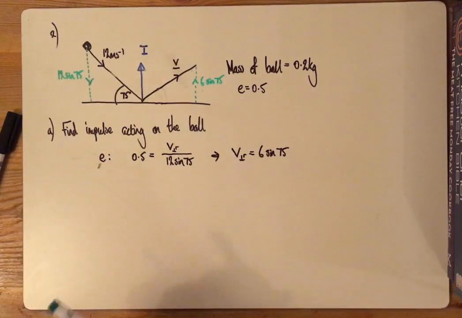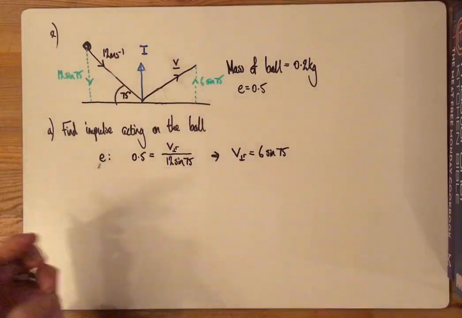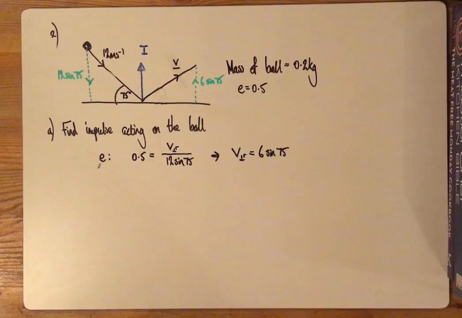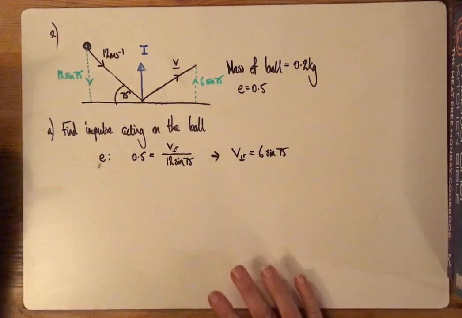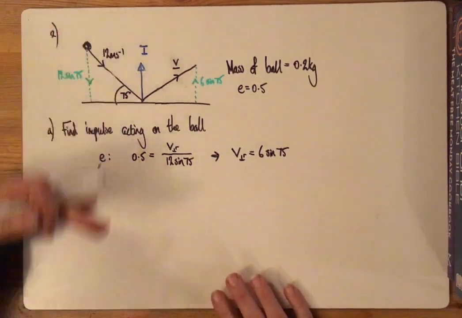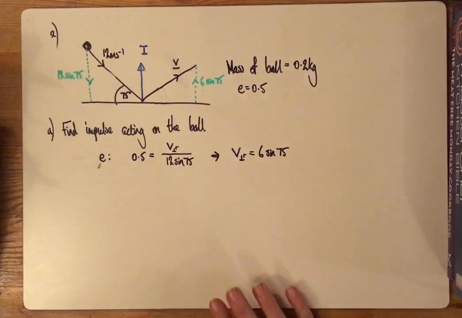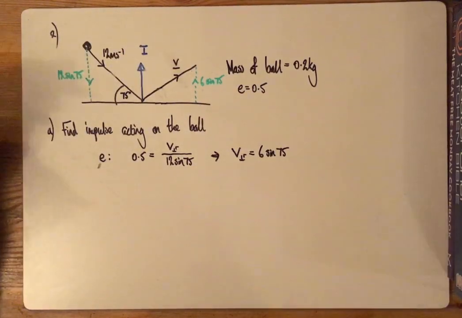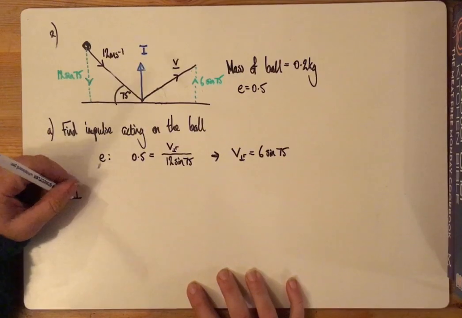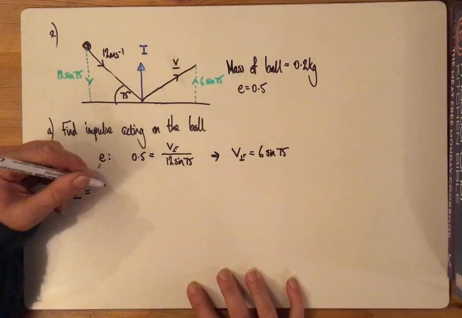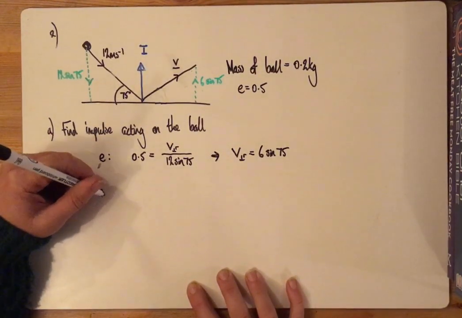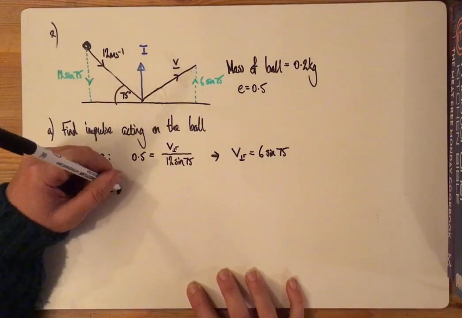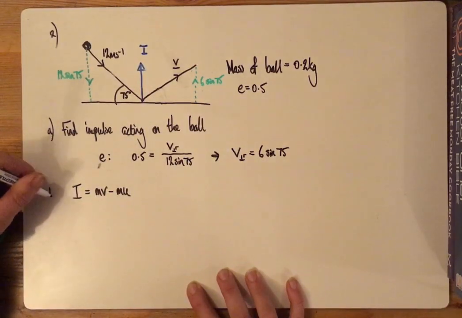Impulse is acting perpendicular to the plane, so it's the change in momentum. We're only interested in the components parallel to that impulse. And so you can just resolve perpendicular to the plane, and we know that the impulse is equal to mv minus mu.